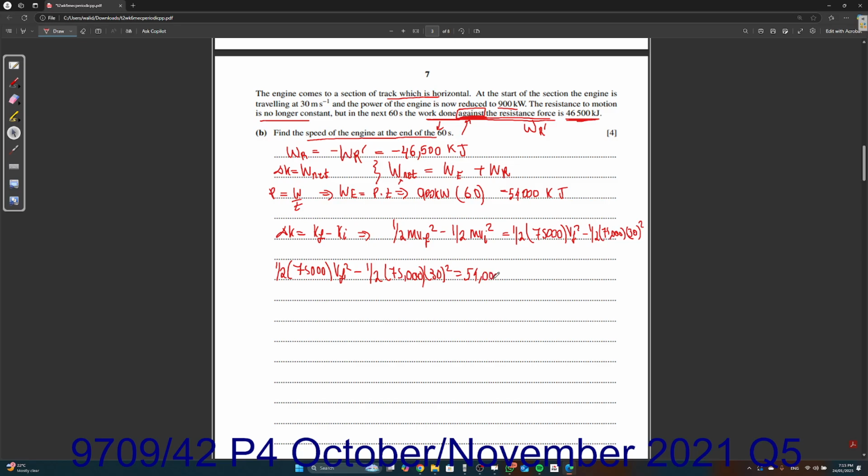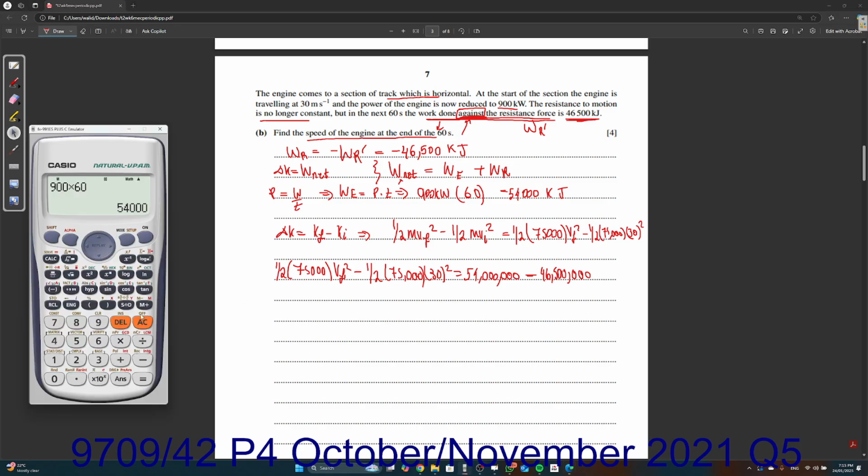So it's going to become 54 million plus work done by the resistance force, which is negative 46,500. So I'll put minus. And remember, it has to be in joules, not kilojoules. So 46,500,000. Put this on your calculator and solve.